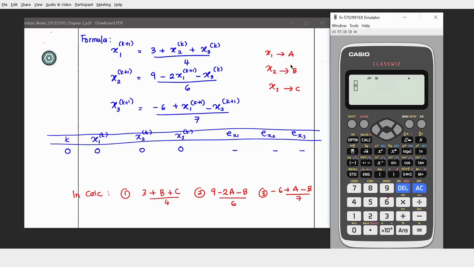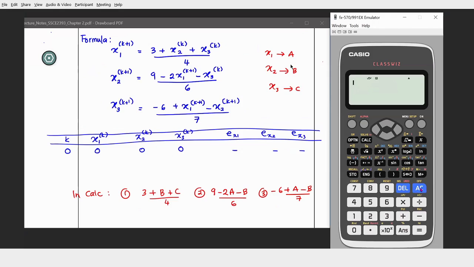Equation number 2: put 9 minus 2A minus B over 6, press equal, AC. Lastly, negative 6 plus A minus B over 7, equal, AC. Now when k equals 0, on the table we have 0, 0, 0.